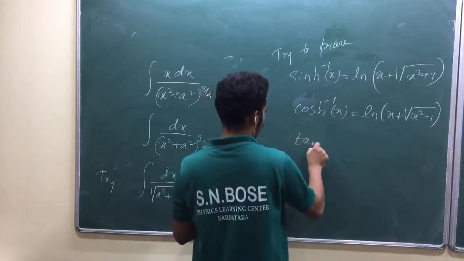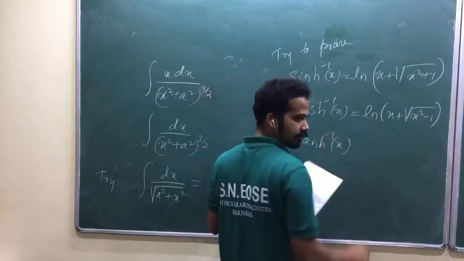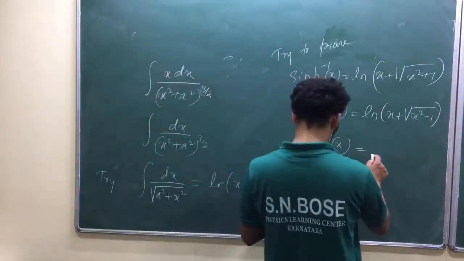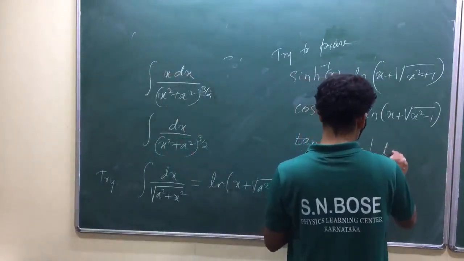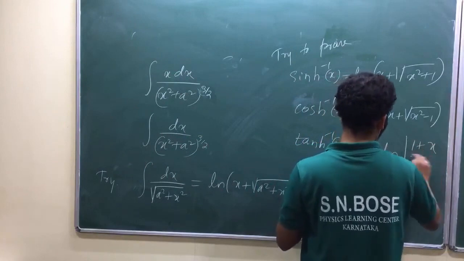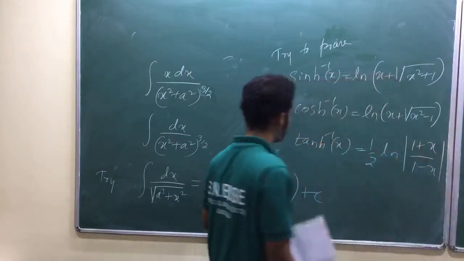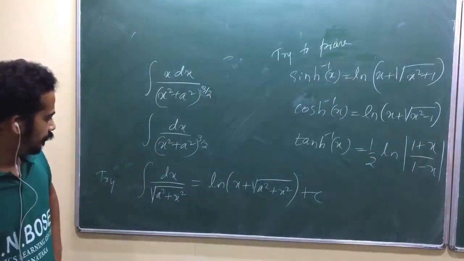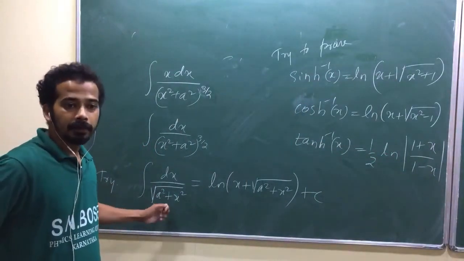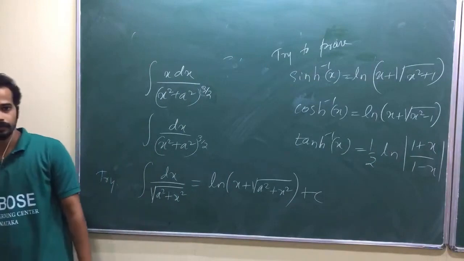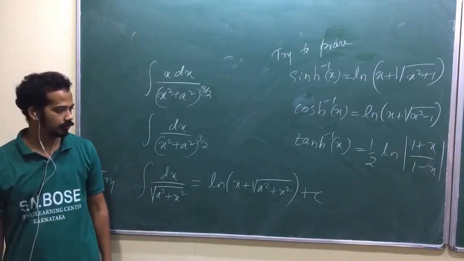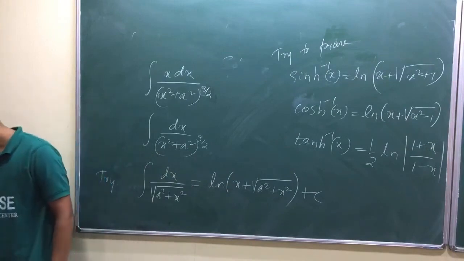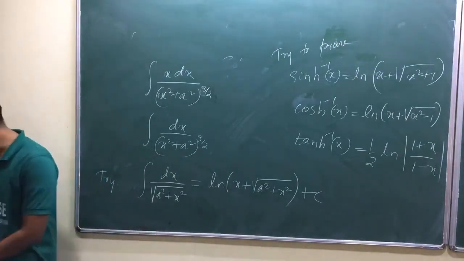Tan hyperbolic inverse, I think I gave this yesterday or the day before, is half of log of 1 plus x divided by 1 minus x. That's why I'm thinking some hyperbolic substitution will lead you to this kind of answer. Try to do this one by substitution. That's sufficient.